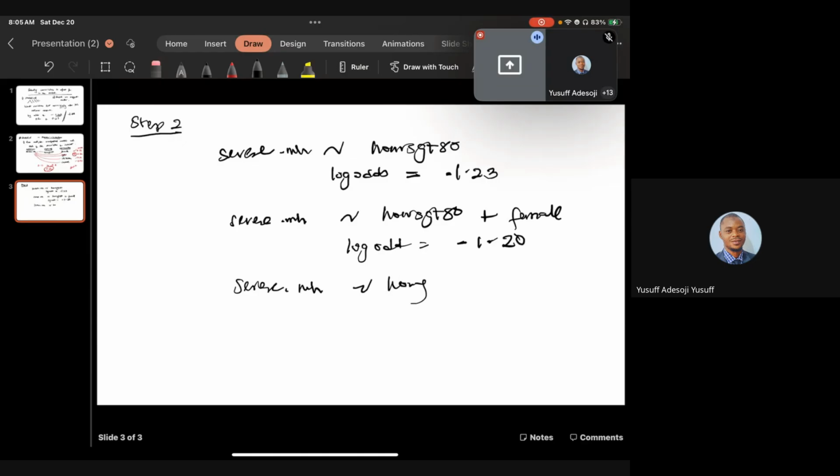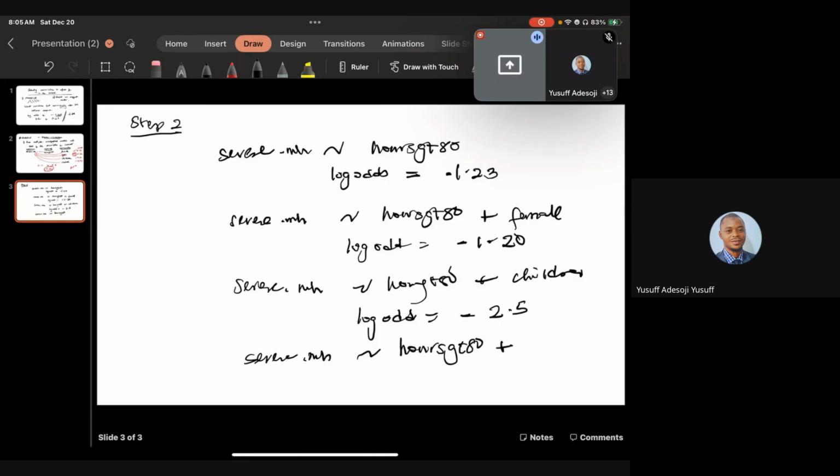We'll run the next one: hours greater than 80 and add children. Let's say the log odds here becomes minus 2.5. Then we'll run the next one: hours greater than 80 plus income.